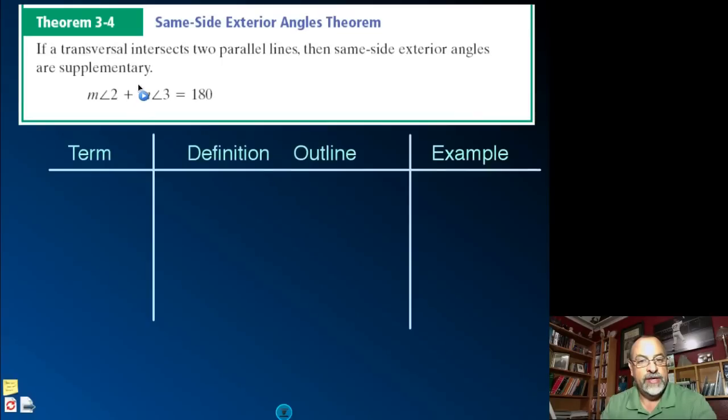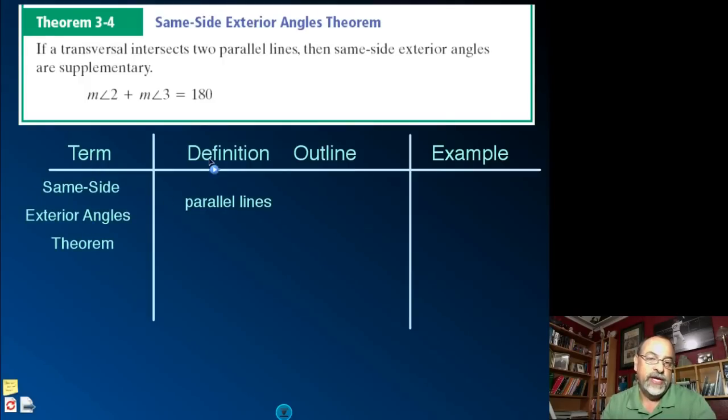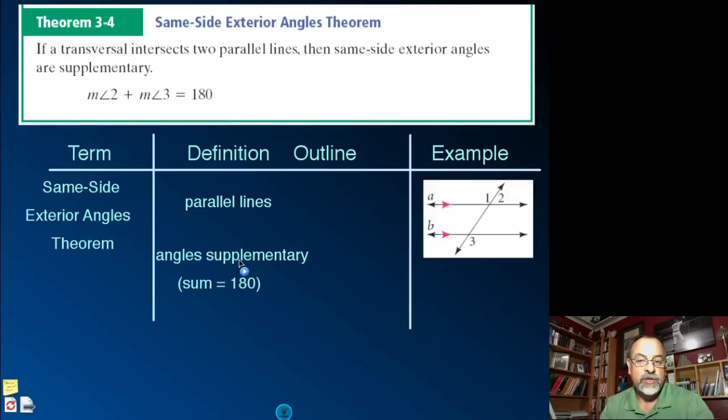If the condition is met that the lines are parallel, then the same side exterior angles are supplementary, not equal. The little trick I use is that same side starts with S and supplementary starts with S.